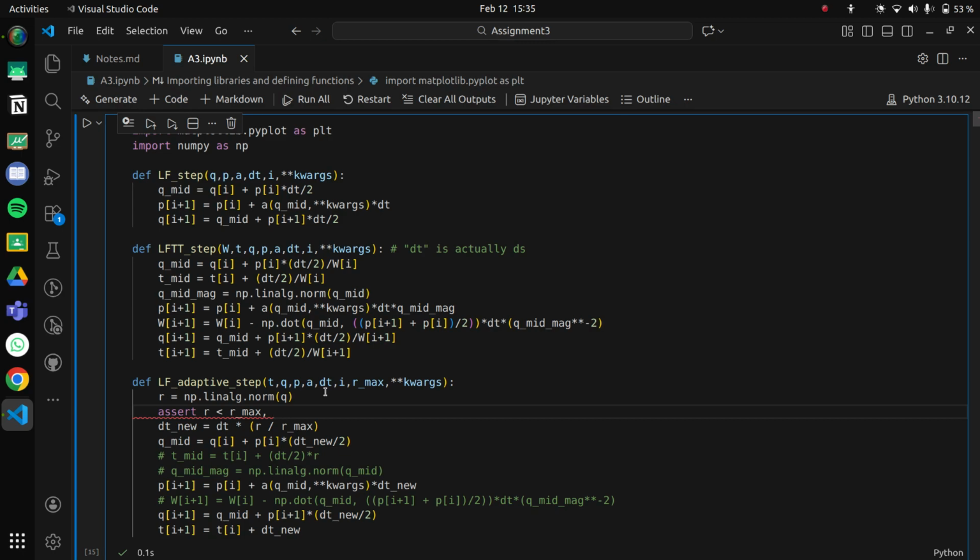So print i, print t sub i, what else, the r max value, of course. Yeah, that's about right.